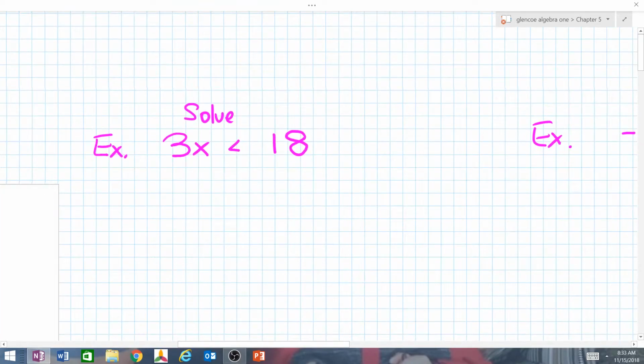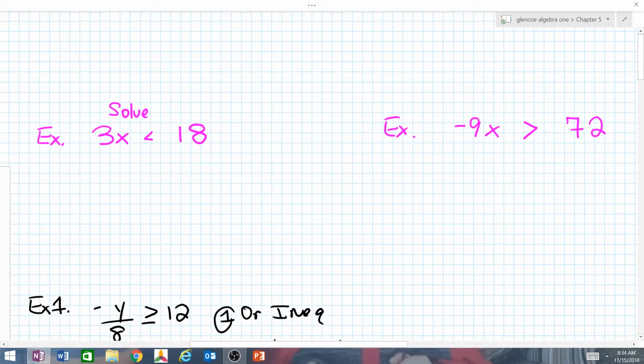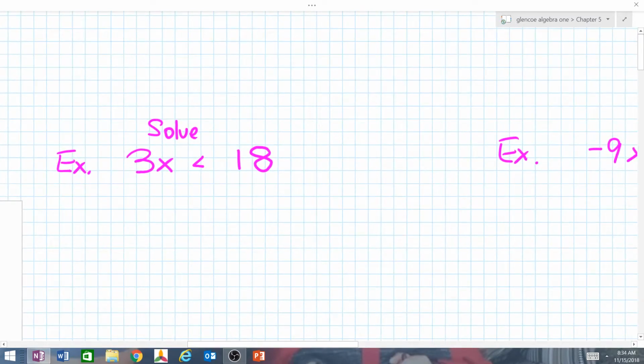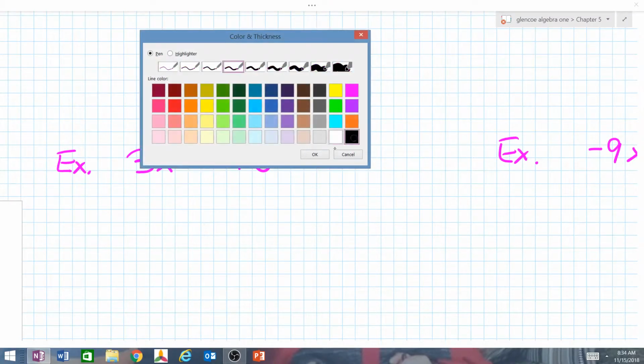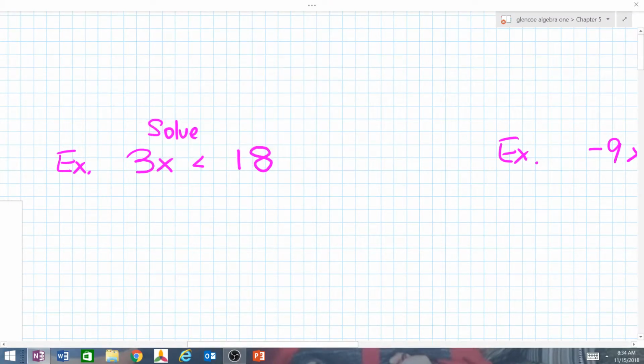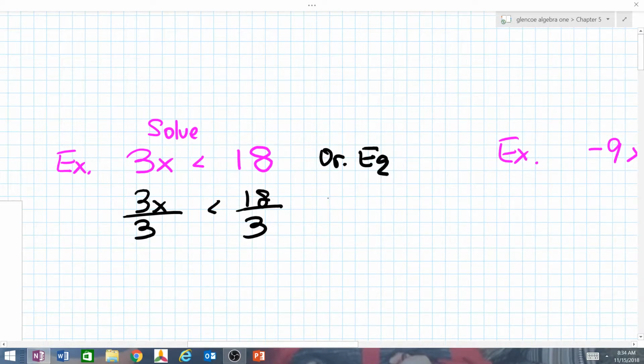So let's look at a couple of examples here, and they are in your notes. I'm going to start out a little easier. This example is not in your notes, so please feel free to add it. 3x is less than 18. What's happening between 3 and x? Are they being added, subtracted, multiplied, or divided? Multiplied. And we undo multiplication by division. Whatever we do to one side of the inequality, we must do to the other side.